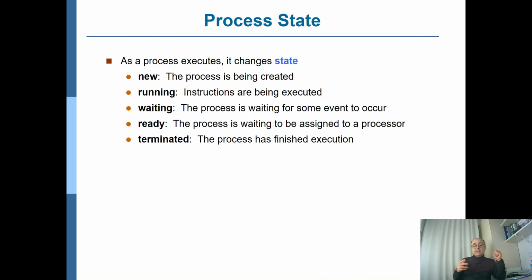Now, when all this has been done, we do not go into actually the running state. After the new state, we should be in what we call the ready state. So the ready state is a state when the process can now be scheduled. Pay attention, I didn't say is scheduled. It can be scheduled. Now, why not schedule it?